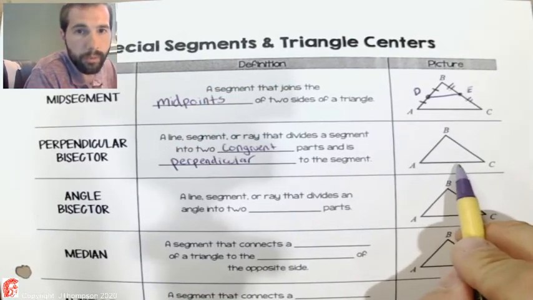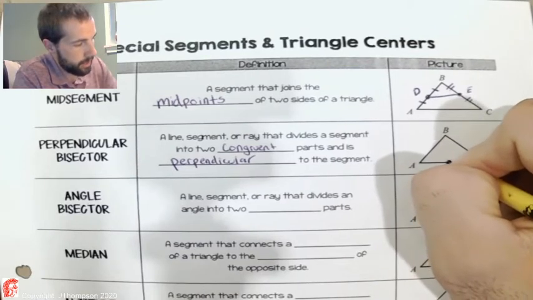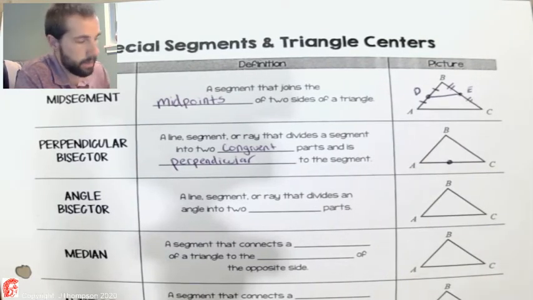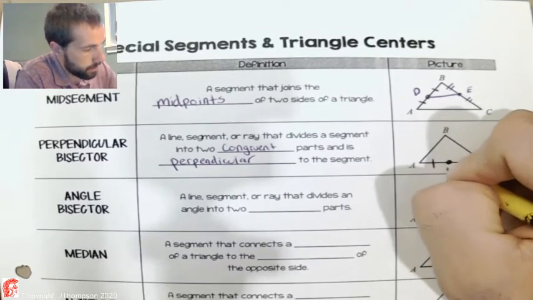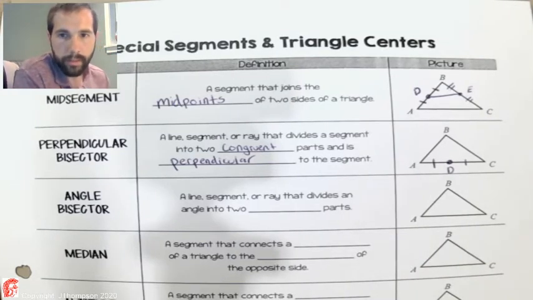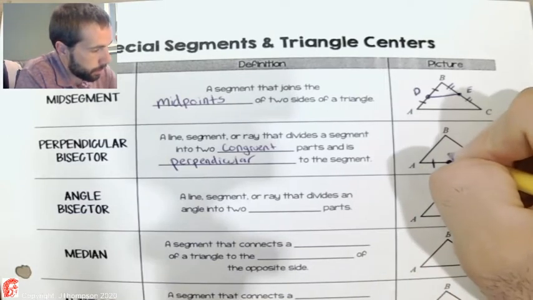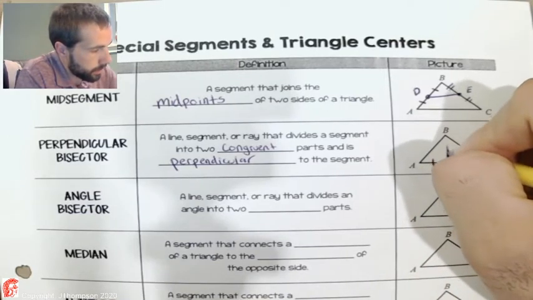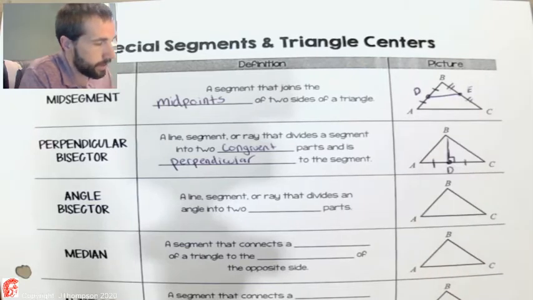We find the midpoint of one of the sides. So in this one, I'll find the midpoint of AC. So I'm just kind of estimating. We'll put the tick marks. We'll put a point, let's call this point D. All right, so that's the midpoint. So AD and DC are congruent, and it's going to be perpendicular at D. So it looks something like that. So that's what a perpendicular bisector looks like.